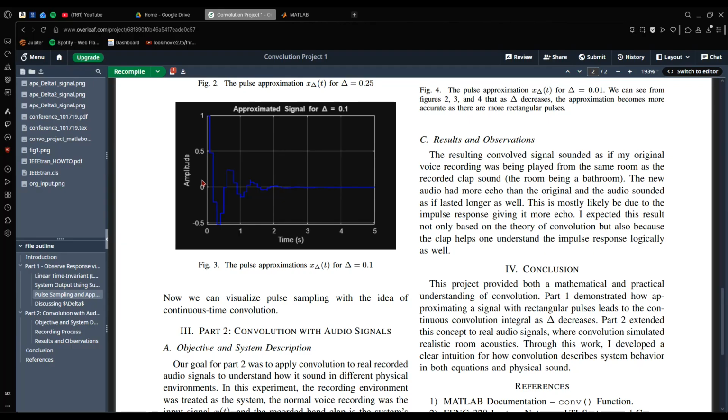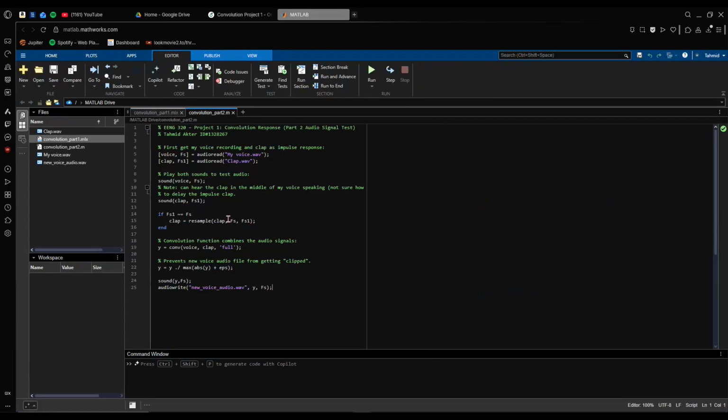The clap shows how sound behaves in space, and you can hear the echo from that impulse response. When we convolve my voice with the clap, the output simulates what my voice sounds like if I were in the environment that this was recorded in.